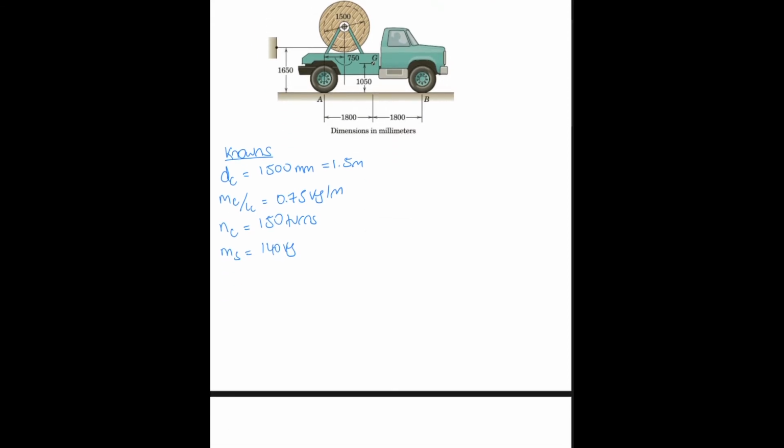We know that the mass of the empty spool is 140 kilograms. The radius of gyration of the spool is 530 millimeters or 0.53 meters. And we know that the mass of the truck is 2,030 kilograms. And our initial acceleration is 0.2 multiplied by the acceleration of gravity, which gives us 1.962 meters per second squared.